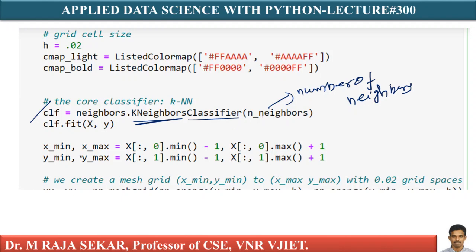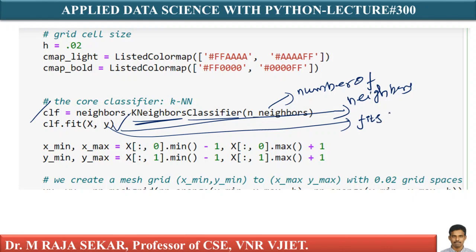This fit method also I discussed in my previous lectures. What is the use of this fit method? It fits the model. That is its functionality. Here is the mesh grid. This is the core classifier, the KNN classifier, which is a predefined classifier.